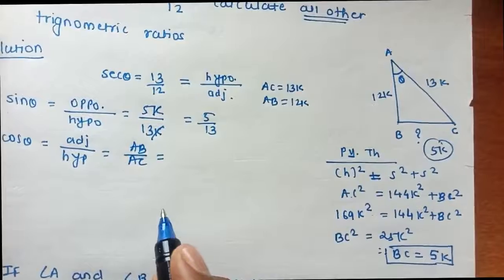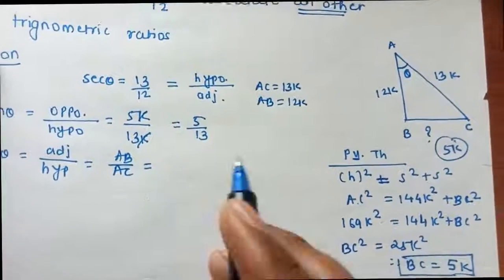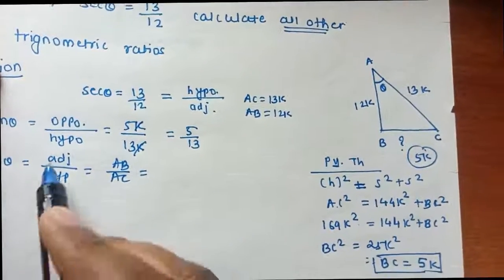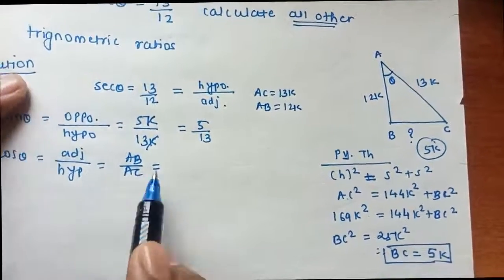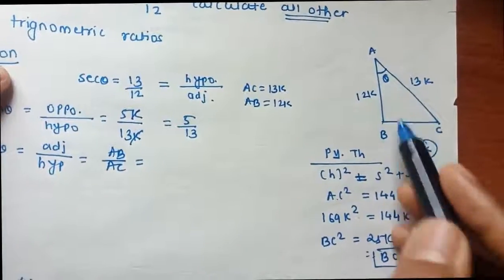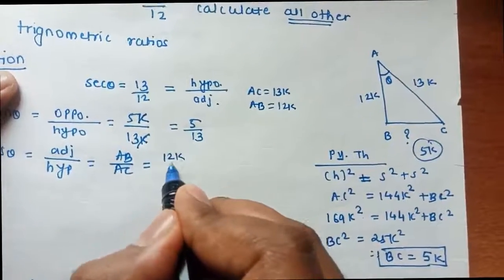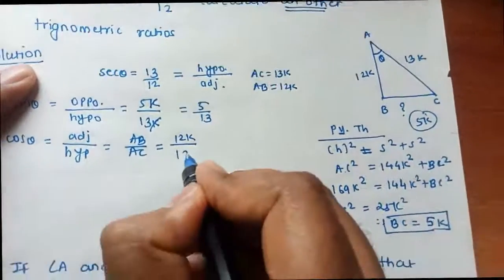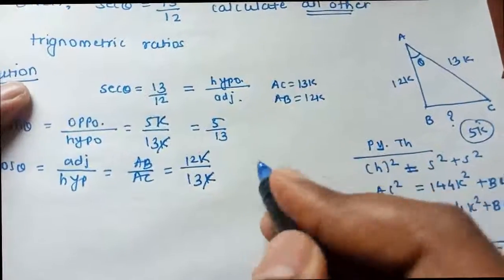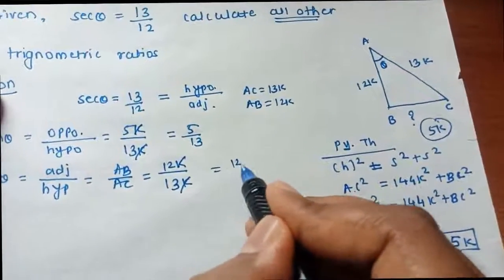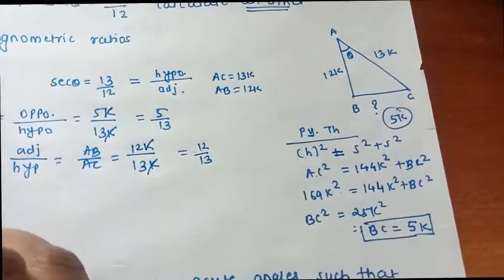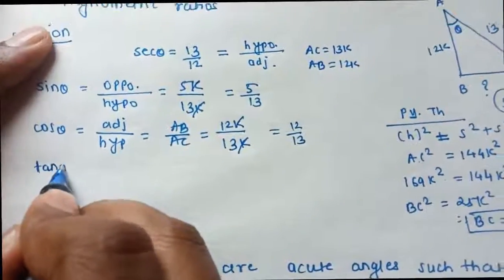But just to understand it properly, initially practice like this, and if you have practiced very well, then just omit the steps. So AB upon AC, AB is nothing but 12k, and AC is nothing but 13k. So this k and k are cancelled, so you got the answer 12 by 13. Next is tan theta.